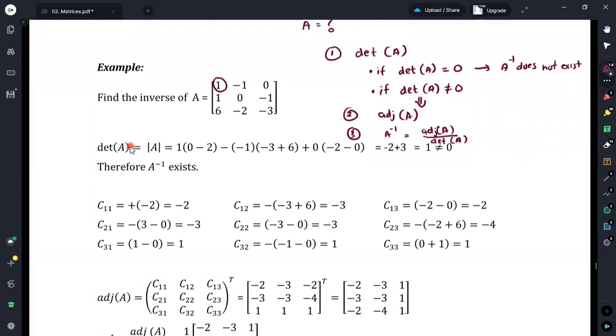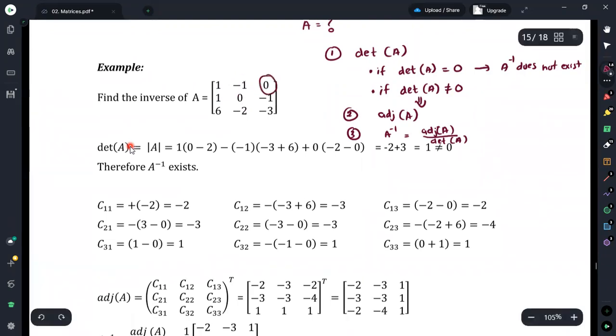Then we have to move to the next value, and it has to be connected with a minus sign according to the theory. Minus times minus 1, cut down the row and column. Then the value should be 1 times minus 3 minus 6 times minus 1. That is why we are getting minus 3 plus 6. Then 0 times the remaining values.